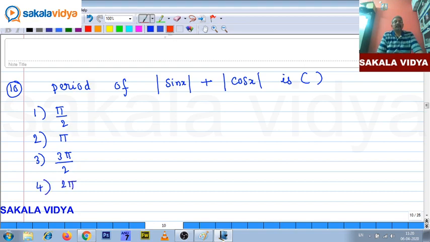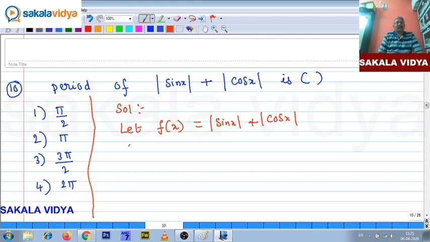It's a very interesting question. Generally we may commit a mistake. Generally we can suppose that the answer is pi, because if you take mod of sin x and mod of cos x separately, the period is pi, but here it is pi by 2. Let us say f of x is equal to mod of sin x plus mod of cos x.